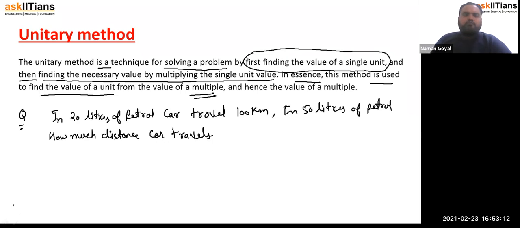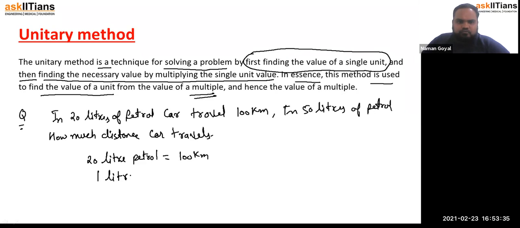So basically it is given that in 20 liters of petrol, the car travels 100 kilometers. So we have to find out for 1 liter of petrol. 20 liters of petrol equals 100 kilometers. So for 1 liter of petrol, it is 100 upon 20, which is 5 kilometers, right?